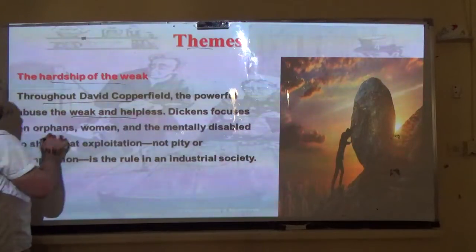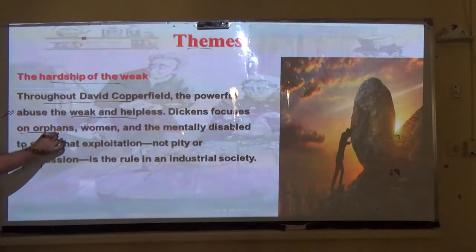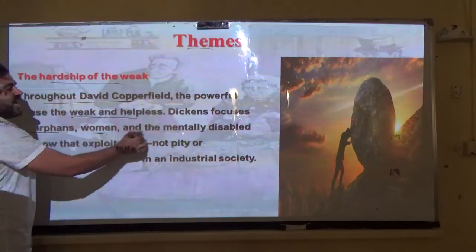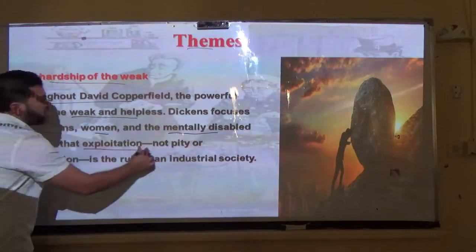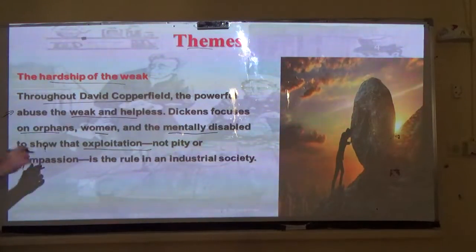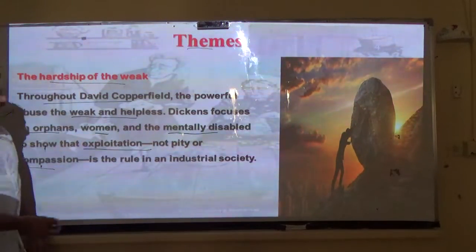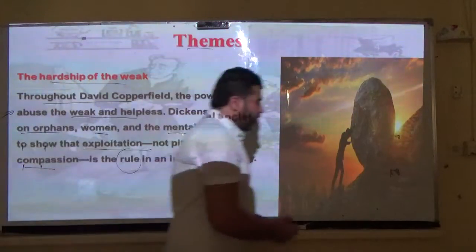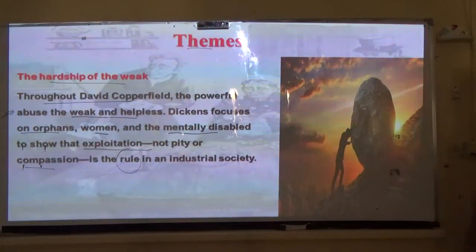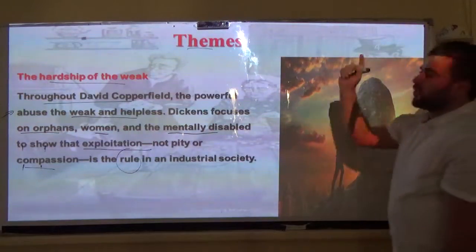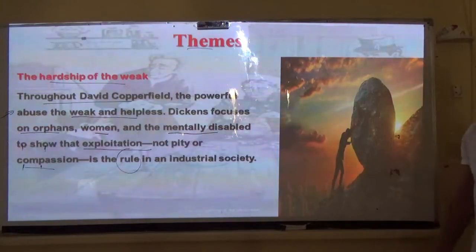Dickens focuses on the orphans, like Ham and Emily, as we will see, women, and the mentally disabled, to show exploitation, not pity or compassion. And this is the rule in this industrial society. So this is the first theme, the hardship of the weak.